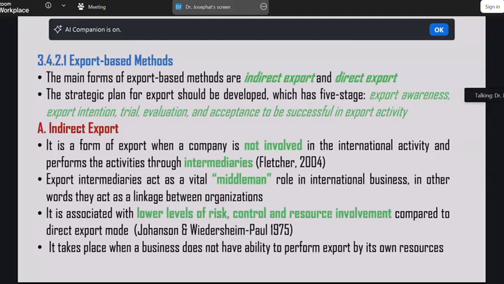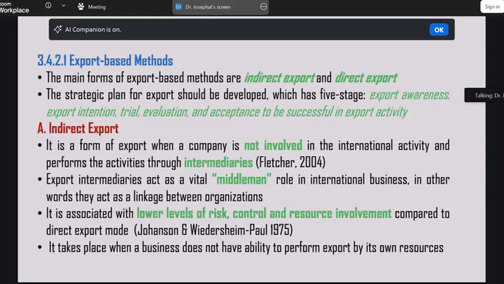Yeye hafanyi chochote kwenye international activities, ila intermediaries ambao hawa ni middlemen, wao ndio wanafanya exportations. Export intermediaries act as a vital middleman's role of international businesses. In other words, they act as a linkage between organizations. It's much more associated with low risk level, control, and resources involvement compared to direct export model.